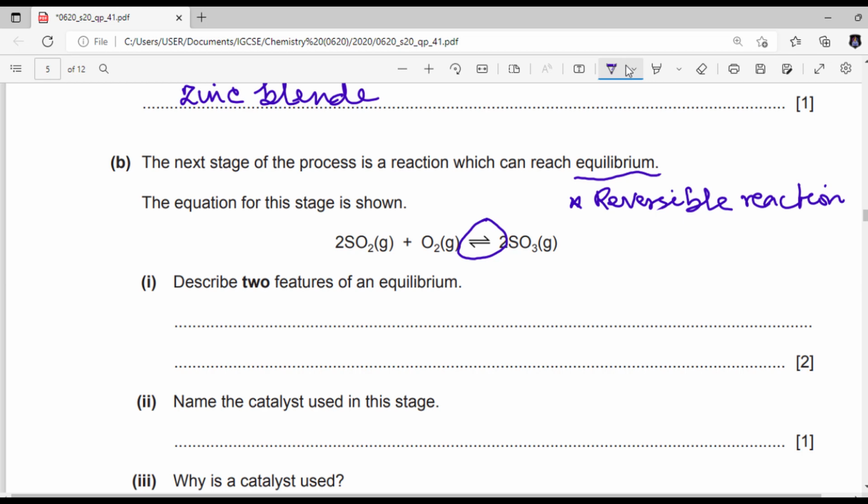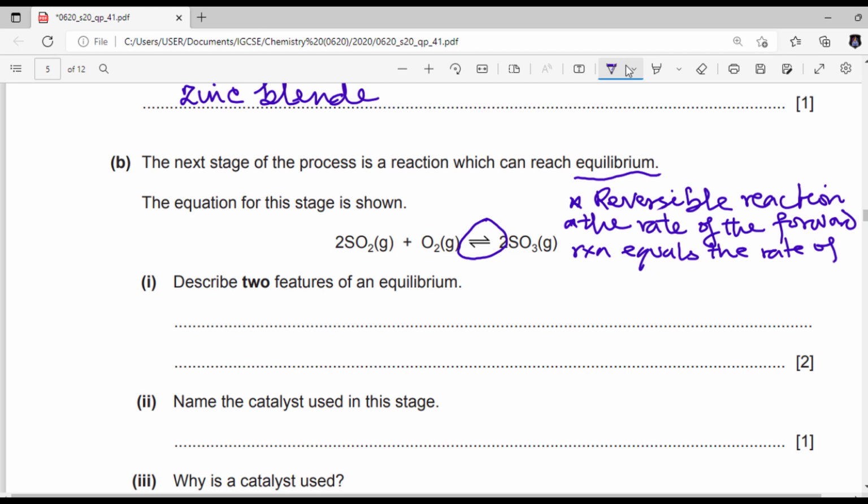And apart from being a reversible reaction, these equal arrows mean that the rate of the forward reaction equals the rate of the backward reaction.